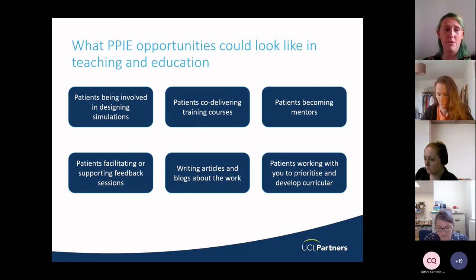And the new trainee doctors were really enthused that they had an opportunity to hear from patients, not on a one-off basis, but to understand a lot more about how their treatment and care worked over a long period of time, and it changed the power dynamics. So really meaningful opportunities there.